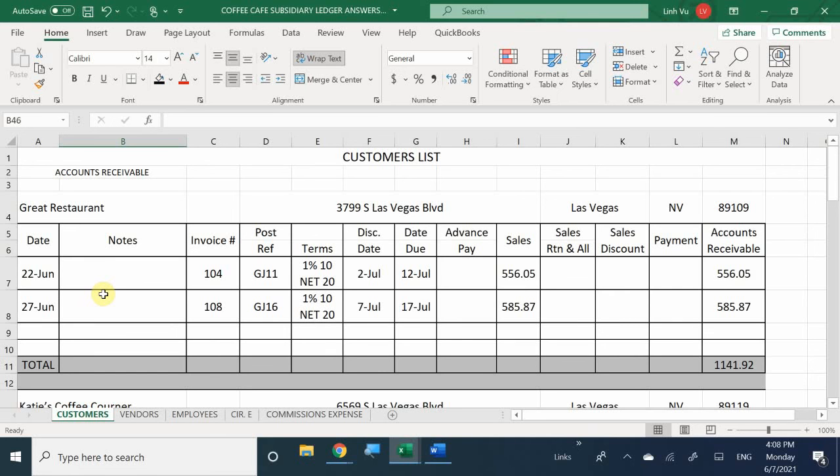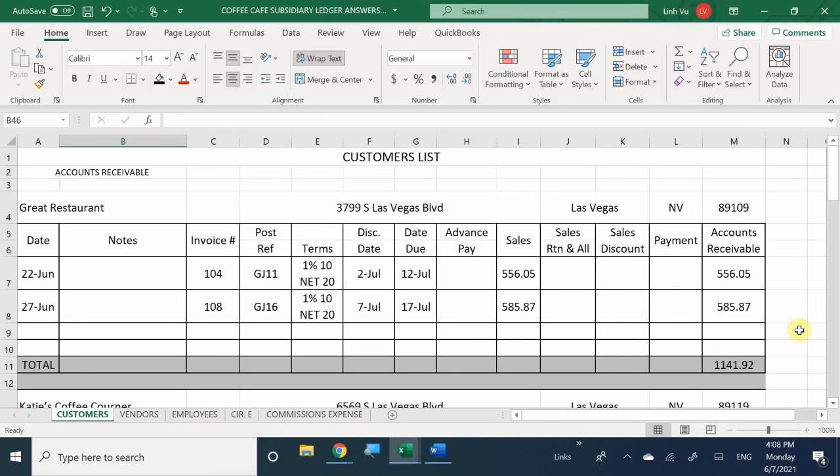Do we discount, or do they add the discount, or do we credit them the discount? So this is where I kind of got caught up in my own mind. Did they write us the whole check for $556.05, or did they already take the $5.26 off the invoice?